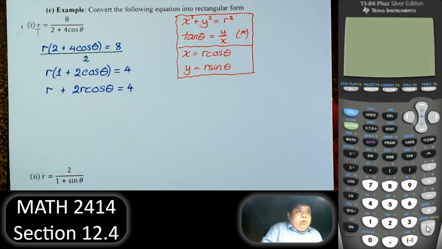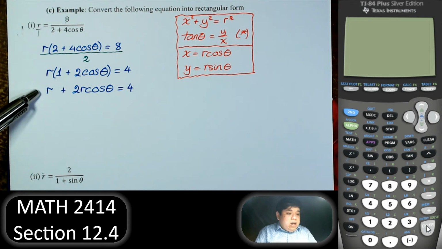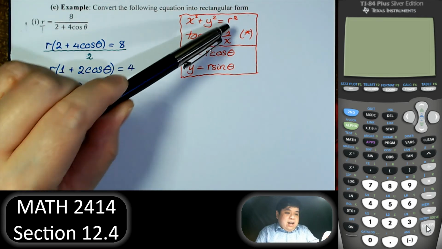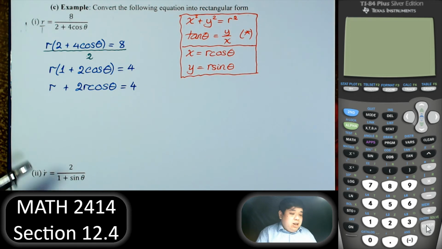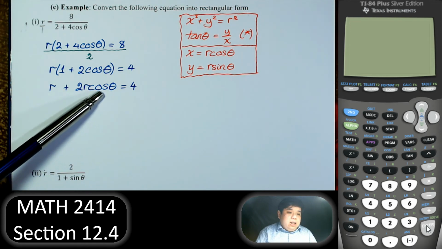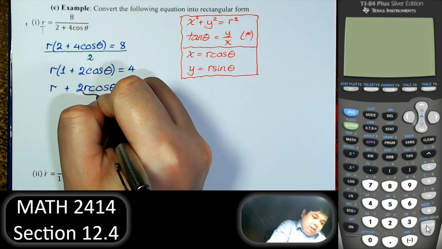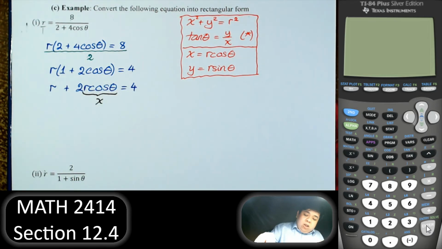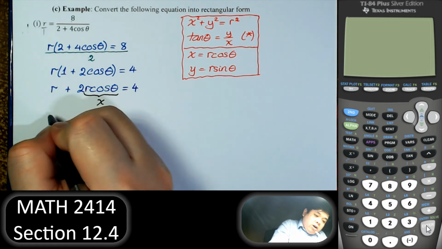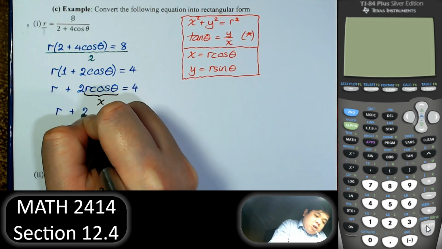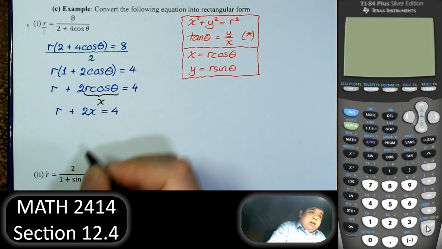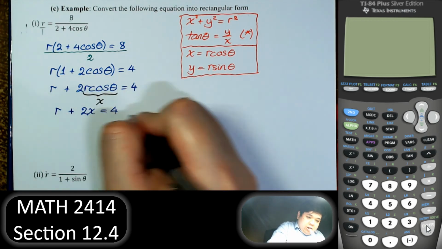Now what can we do? We can square it. If we have r squared, that's x squared plus y squared. That's nice. However, r cosine theta is also x, right? So what we do here is we say r plus 2x equal to 4. We can move the 2x to the other side.